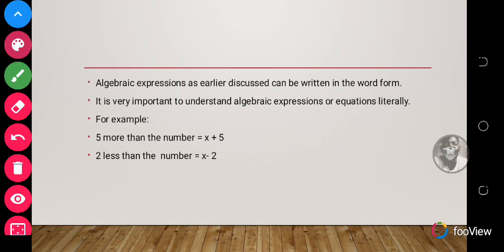For example, 5 more than the number is written as x plus 5, where the number is x. 2 less than the number is x minus 2, where the number is x. And when you see an algebraic expression written mathematically, you can also understand it in word form.